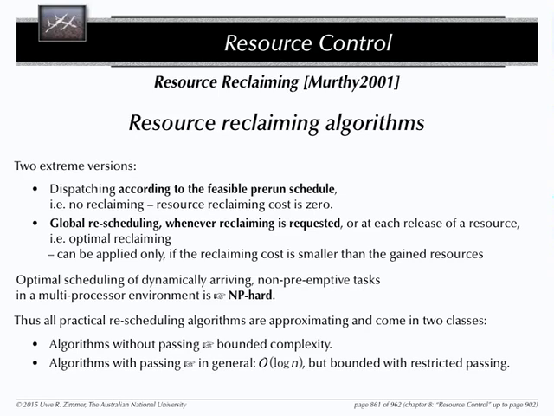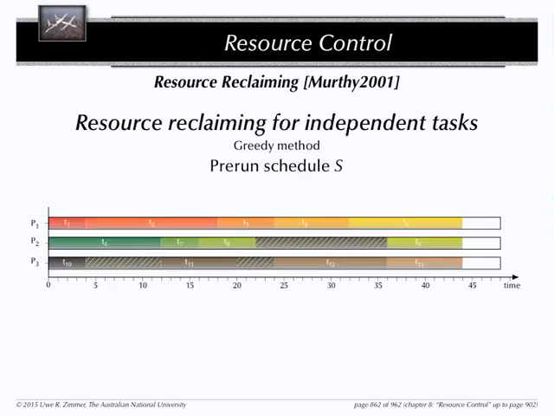So what you want is algorithms without parsing, I will define this in a moment, which should have a constant complexity, and algorithms with parsing with O(log n). Beyond that, you're usually not considering reclaiming algorithms. I will tell you what parsing is on a practical example rather than in abstract terms.